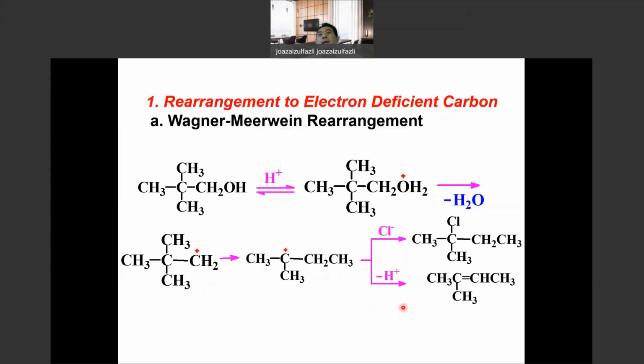In this case, we form the major alkene product. Although for this carbocation you can form another alkene, with the double bond at this position, which is the minor product for the elimination, or E1. And this one is an SN1.